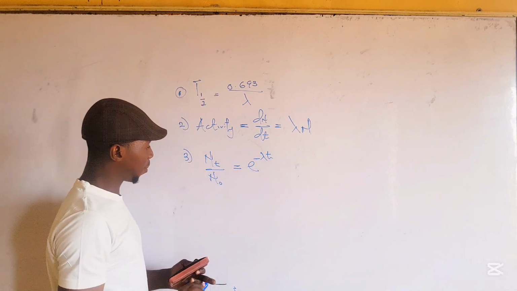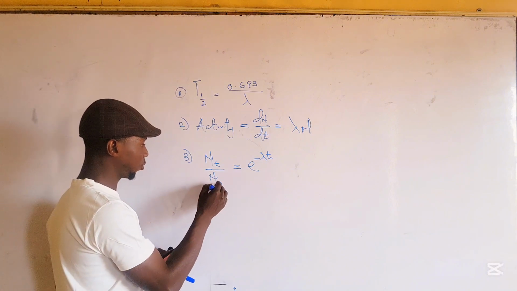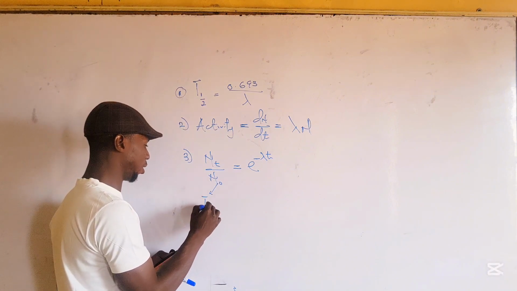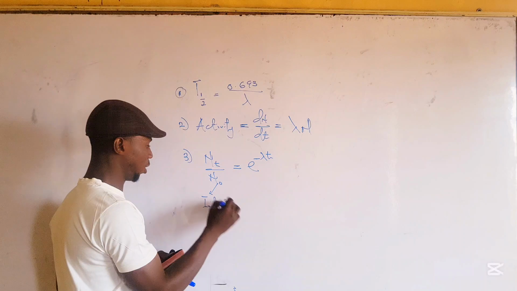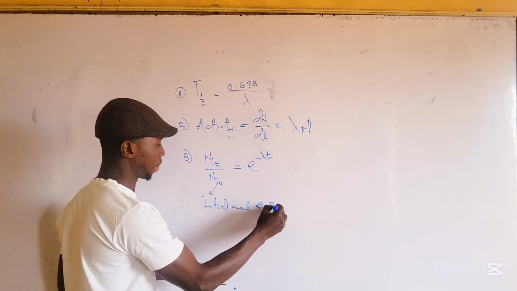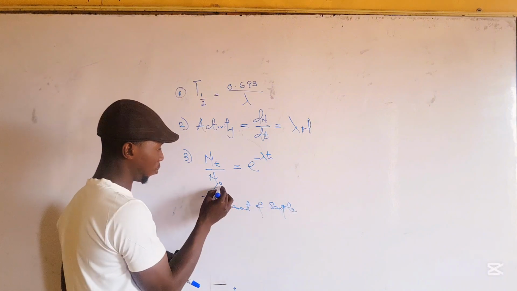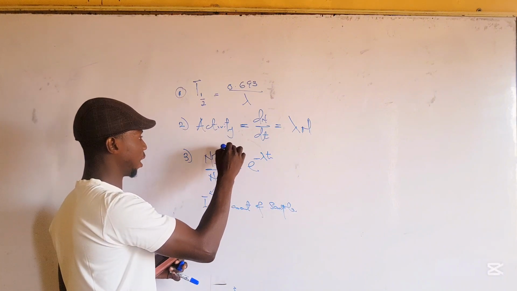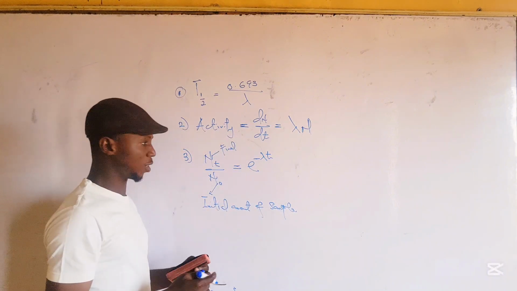Other parameters here: this N naught represents the initial amount of sample, and this Nt is the final amount of sample.